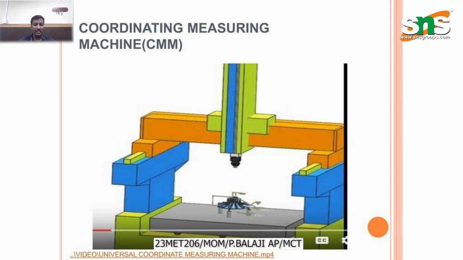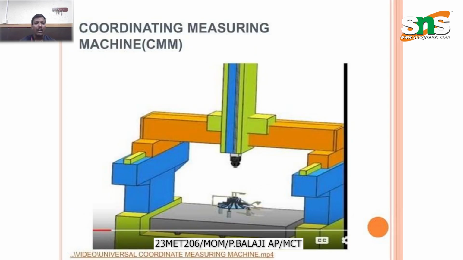A coordinate measuring machine is a three-dimensional system. You place the object on the base, and the probe gives the dimensions along the x, y and z axes. It will measure all the diameters, the gears, and the gear dimensions also.